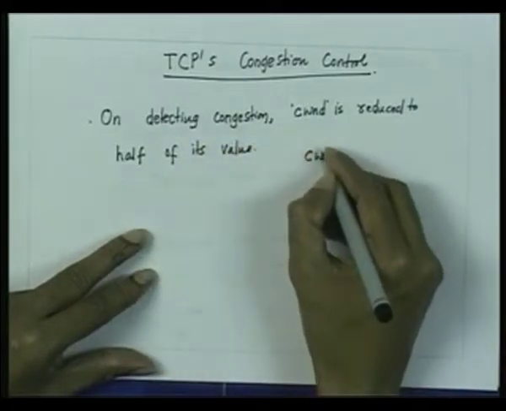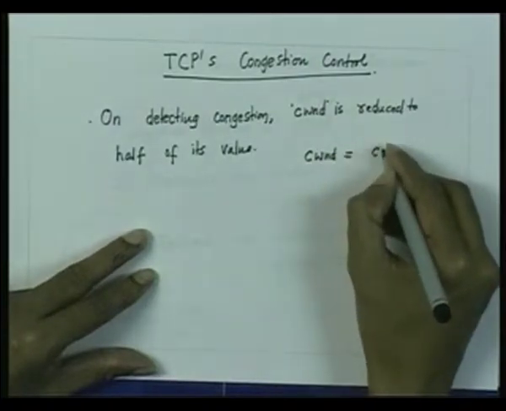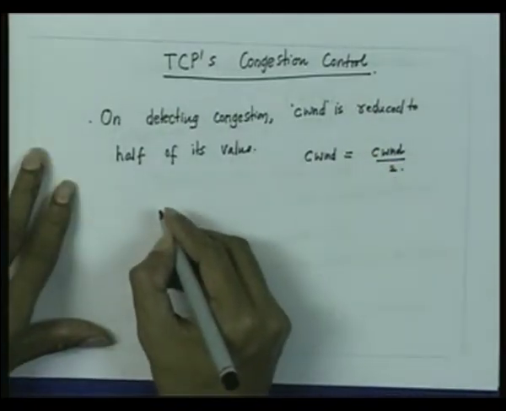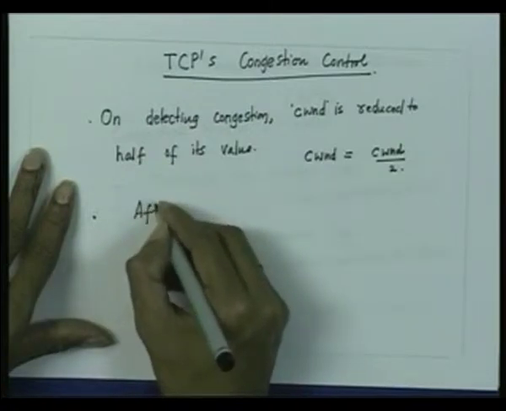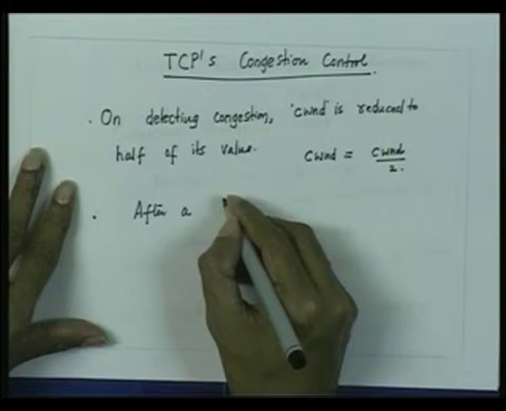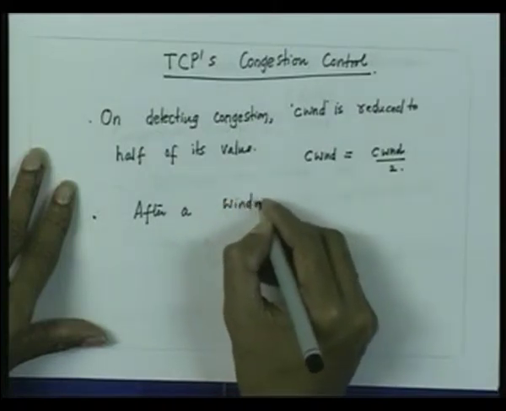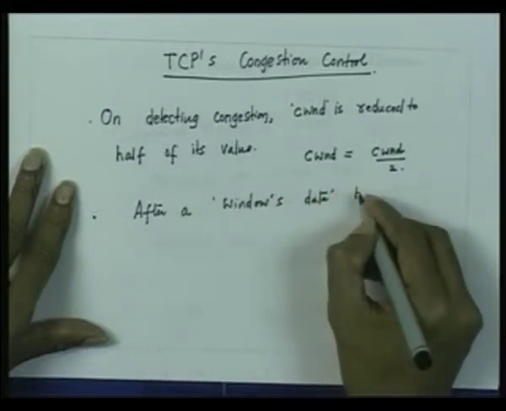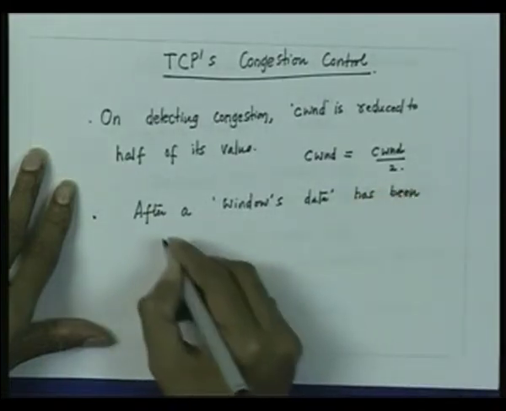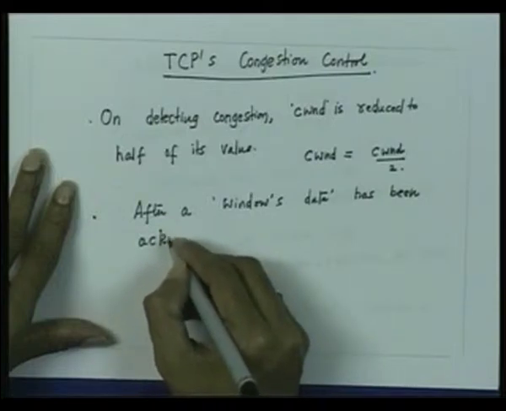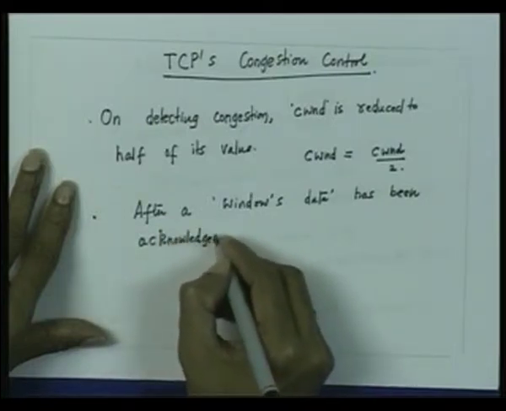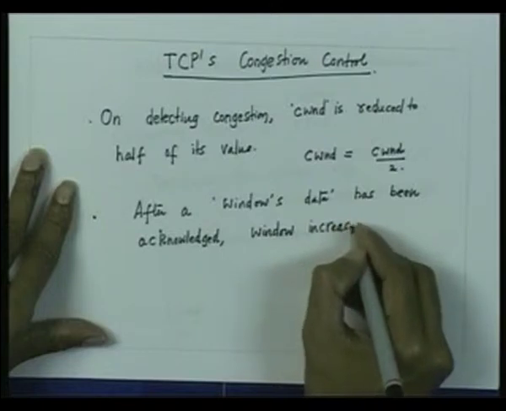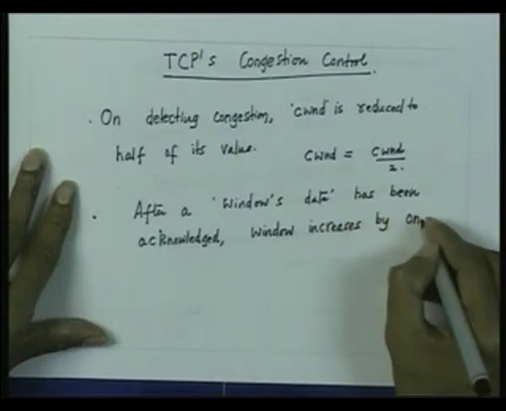Right. So CWND is actually equal to CWND by half, and after a congestion window's worth, a full window of data, all the packets have been acknowledged, the window will increase by one segment.